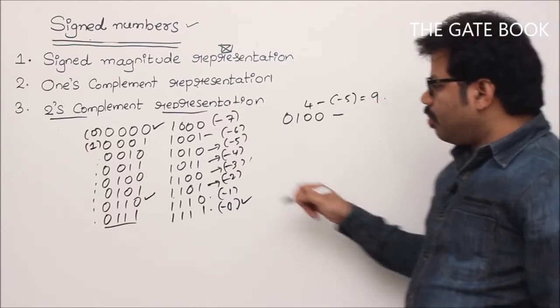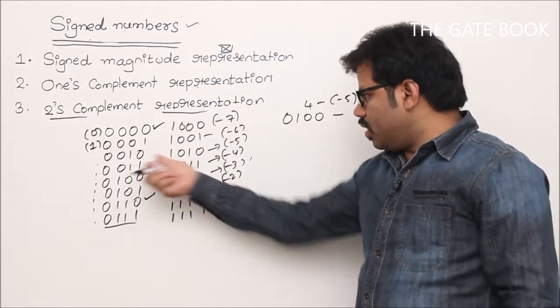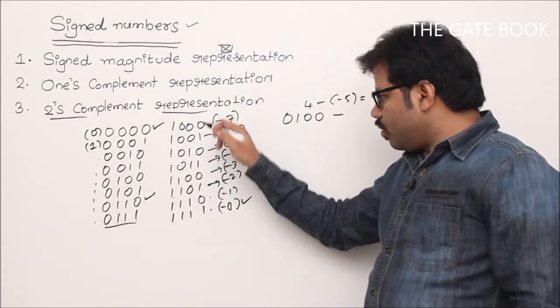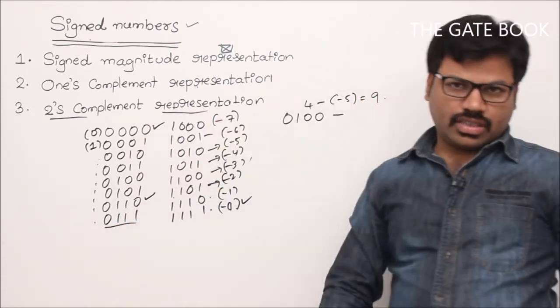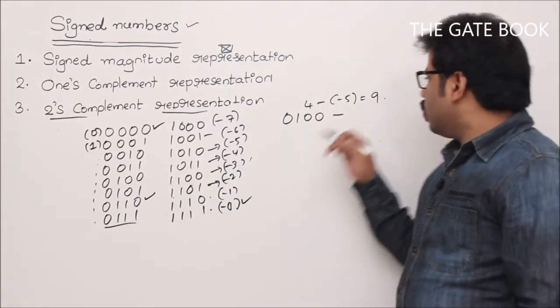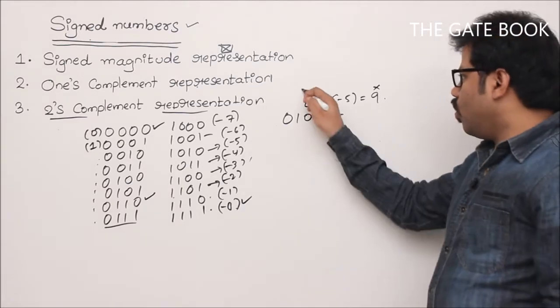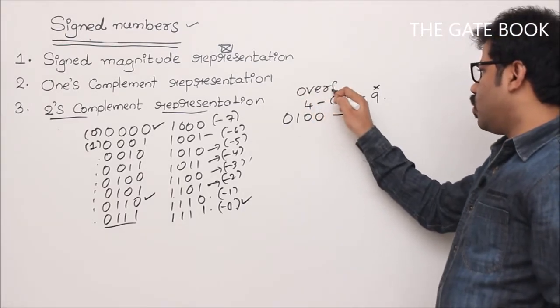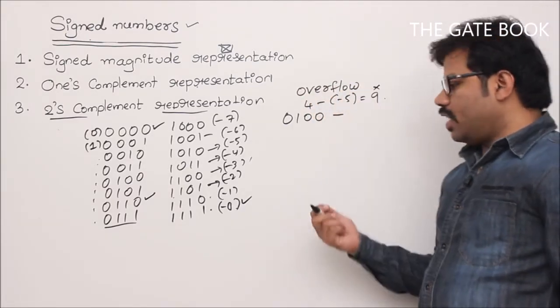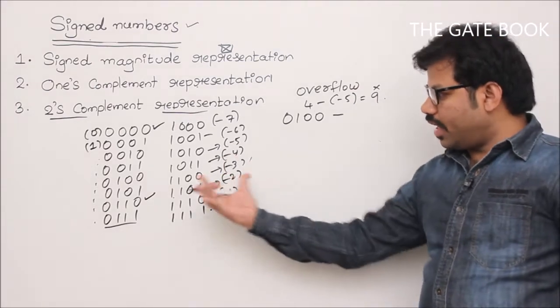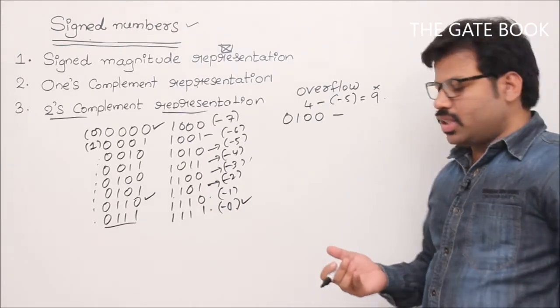But 9 cannot be represented, because with our numbers we can only represent minus 7 to plus 7. So you get a wrong answer. That is called overflow. Remember it. Sometimes when you do addition or subtraction, the result is out of range. When you get out-of-range numbers, we say it is overflow.